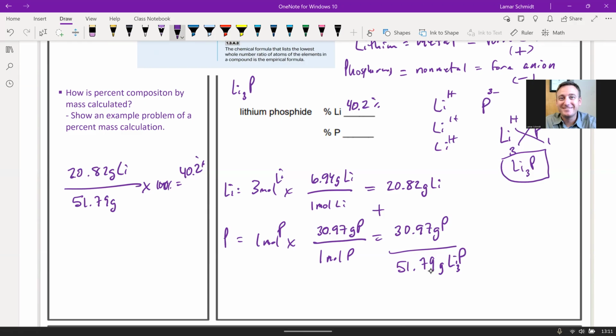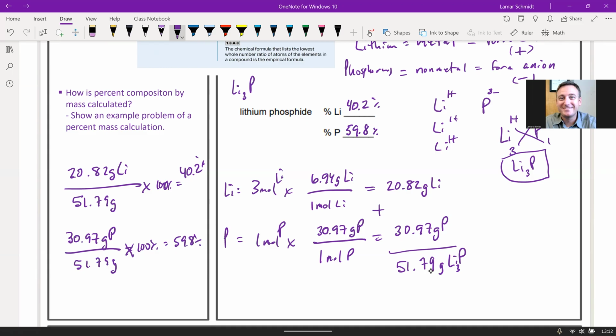So what does that come out to be? 59.8%. But if you want to find another way, you just simply take 30.97 grams of phosphorus over 51.79 grams and times 100, and you would get 59.8%. Do you see that? You can do it either way.